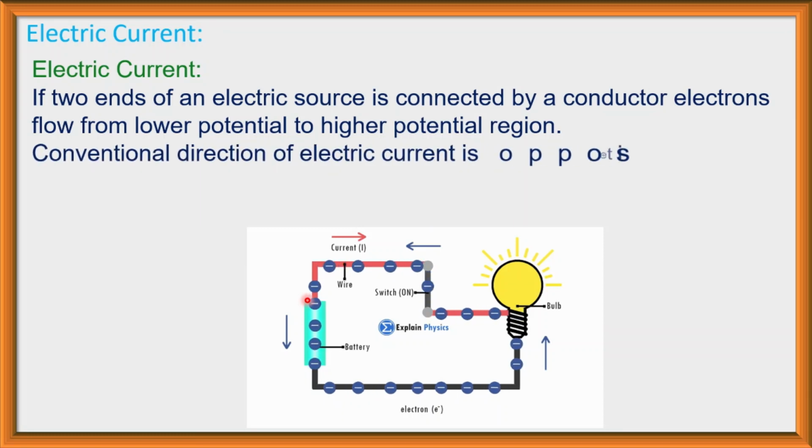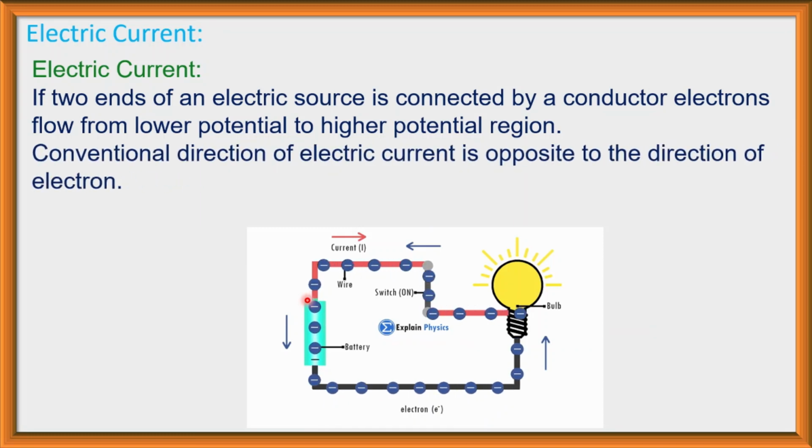Conventional direction of electric current is opposite to the direction of electron. It is taken that the flow of current is opposite to the direction of flow of electrons. So electrons flow from lower potential to higher potential, that is negative to positive, but conventional direction of electric current is from higher potential to lower potential.